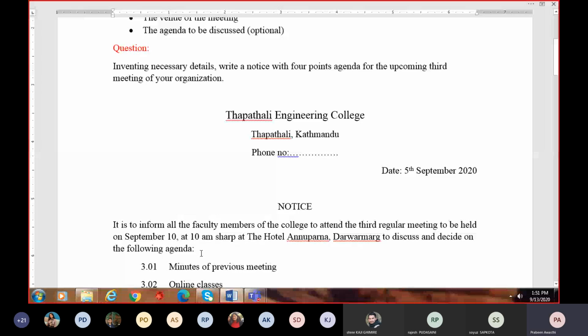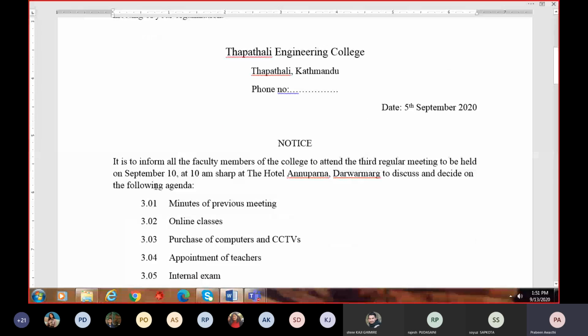Right. So in its own premises, you can have your own detail, no problem. Then to discuss and decide on the following agenda. Most important thing, you can start the notice any way you like, no problem. But these things should be here.